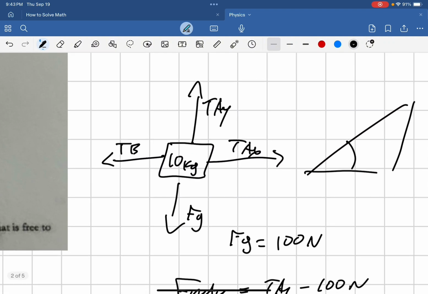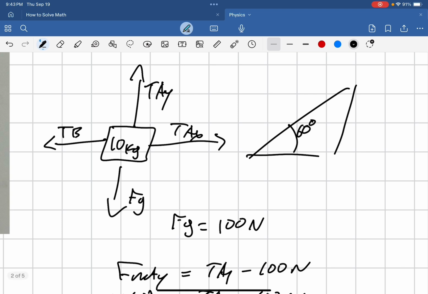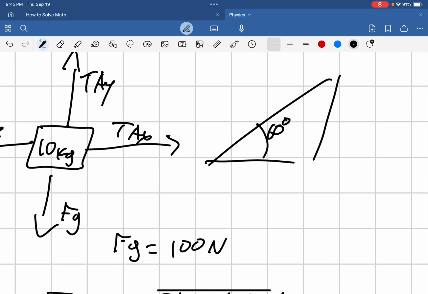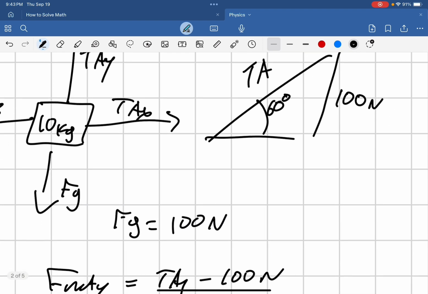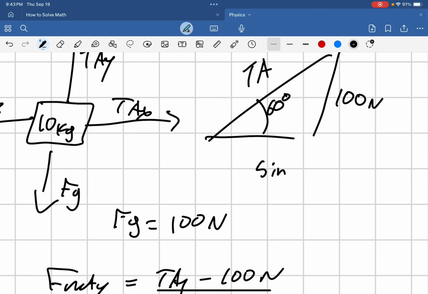What's the angle? 60 degrees. And on the side here we have 100 newtons, because that was our T A of y, and we need to figure out what T of A is. So sine of 60 is equal to 100 newtons over T of A. Which means we multiply T of A on both sides and then divide by sine of 60.